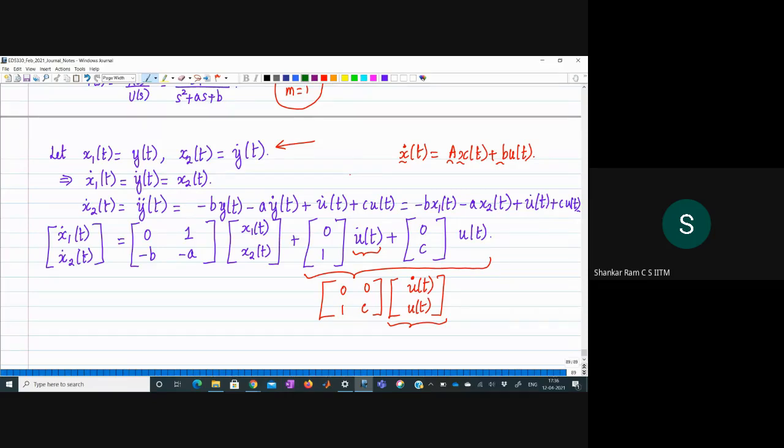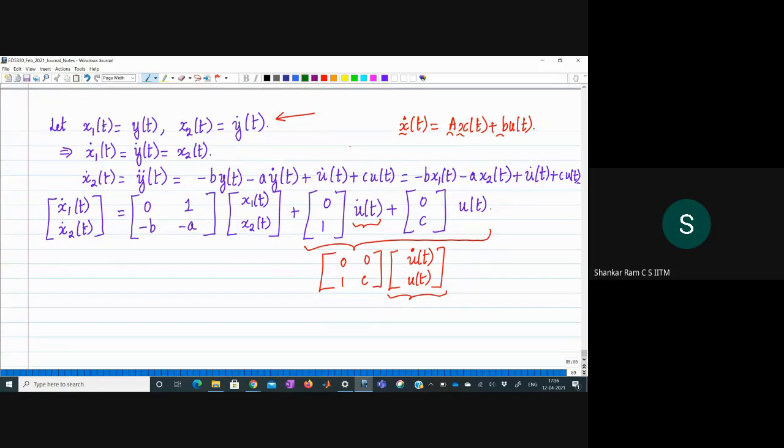But here in this example, we are getting a u dot, which is not part of the state space representation. So what we do is that we essentially redo the exercise by having another choice of state variables.